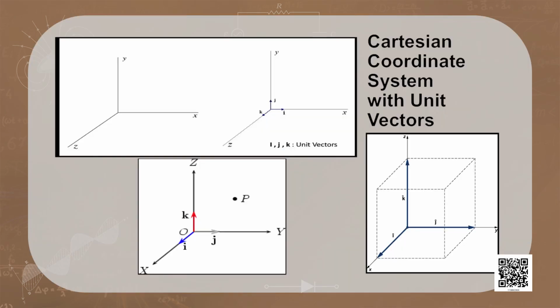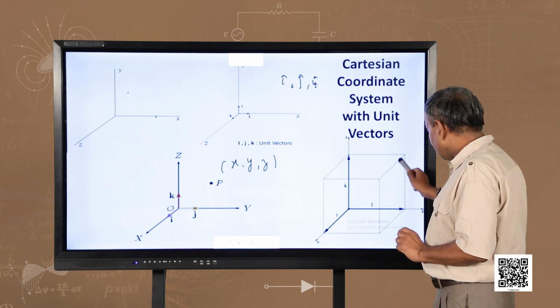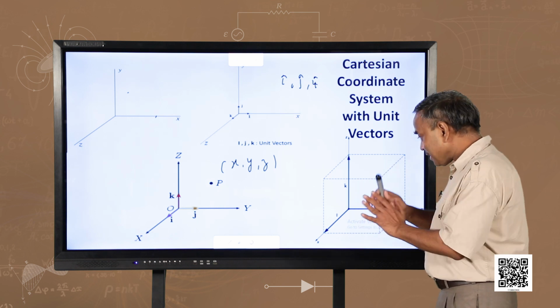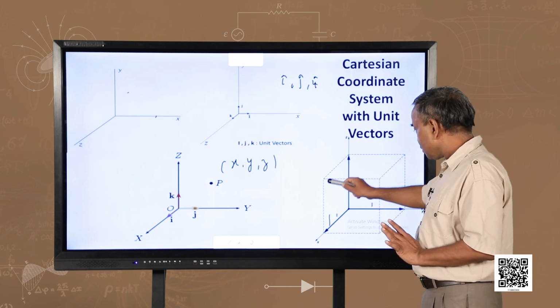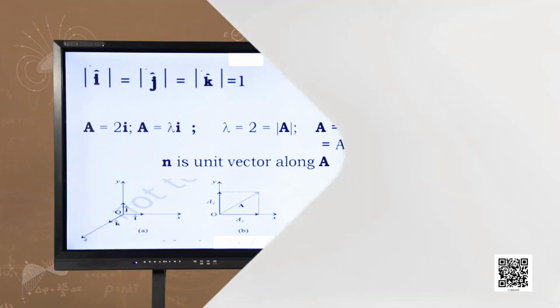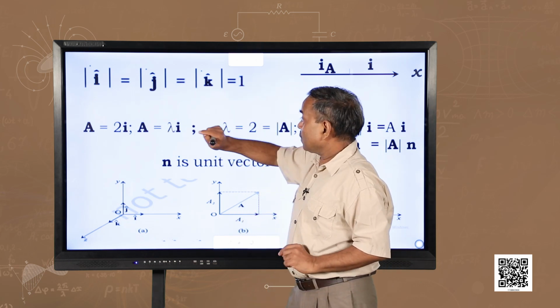Now, if you take a box of it, see, these unit vectors can further be defined as i, j, k. If you join all those, you will get a cube of unit dimension. Now, look at this i, j, k.